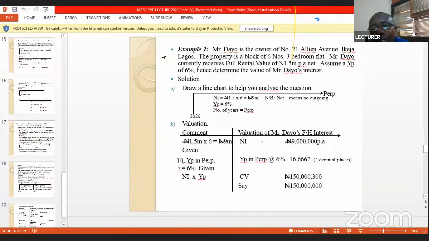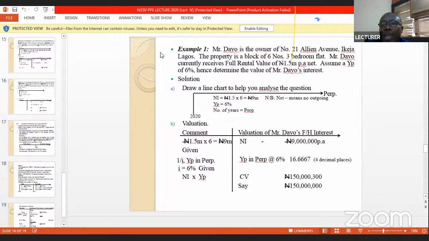You can also see on the comment side, for the capital value, I showed how we arrive at the capital value: net income times YP. These are the details that show that you know exactly what you are doing.